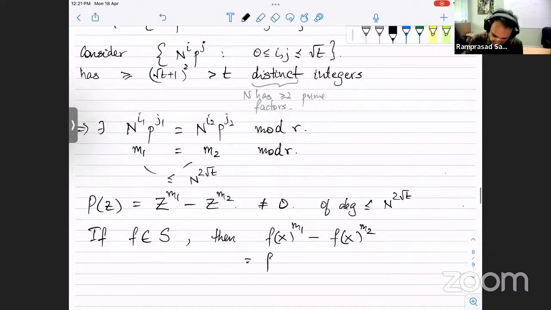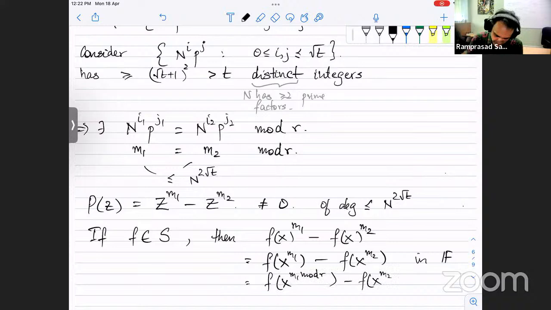I mean, all of these are equations inside this field F. But this is nothing but f of x power m1 mod r minus f of x power m2 mod r. But we set it up such that m1 mod r is equal to m2 mod r. So therefore, this is equal to 0.